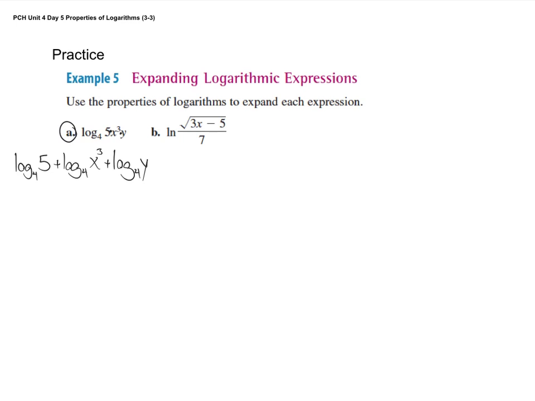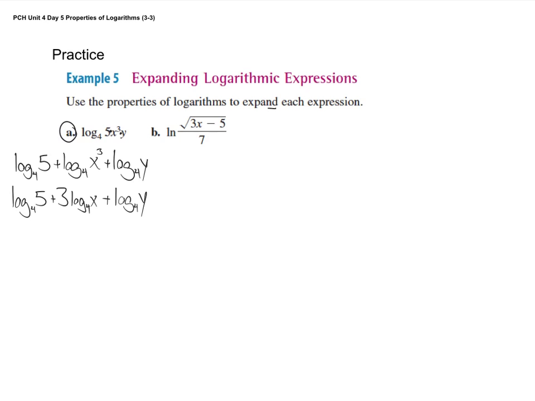Anything else we can do? Yeah, the second term, can't that be 3 log base 4 of x? Perfect, good. And now we've fully expanded this, okay? We have the log base 4 of 5 plus 3 times the log base 4 of x plus the log base 4 of y, okay?